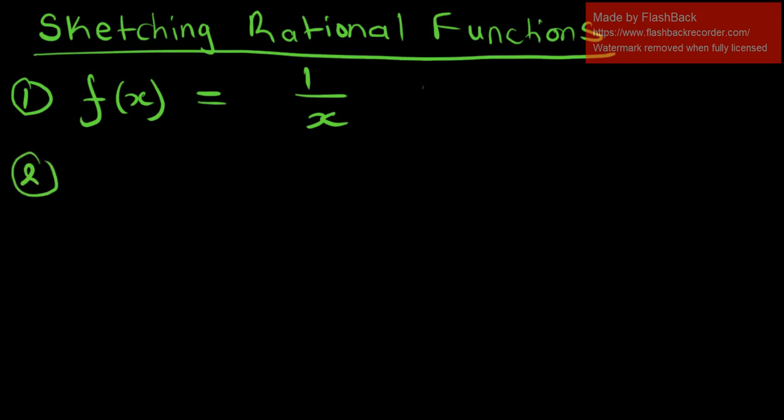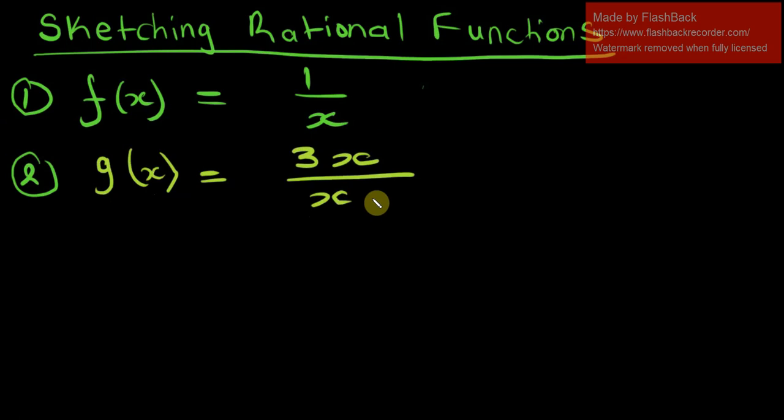The second one would look like g of x is equal to 3x divided by x minus 1.